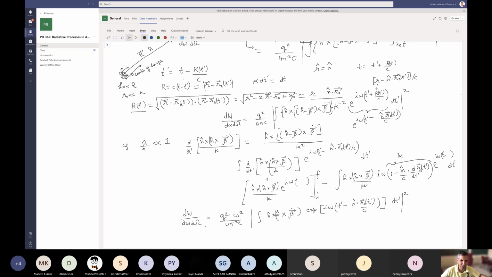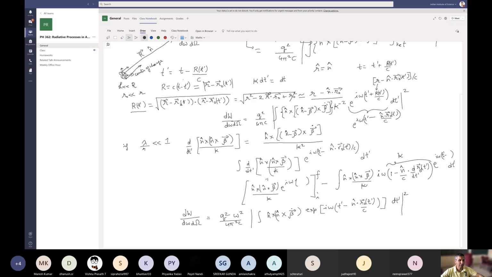So this is the final expression. It's somewhat easier than the kappa squared expression, and this kappa cancels this. So basically the power is proportional to omega squared. This is the power per unit frequency. At a given frequency omega, this goes like omega squared.